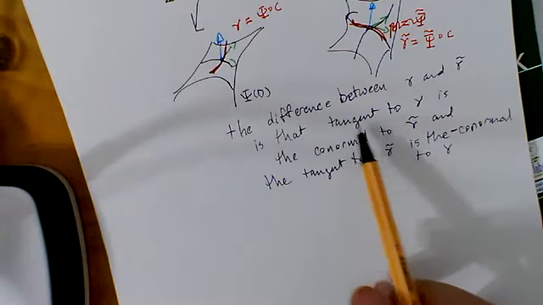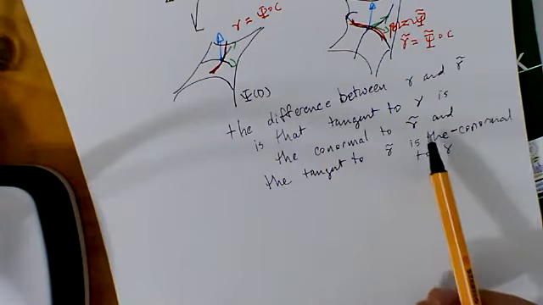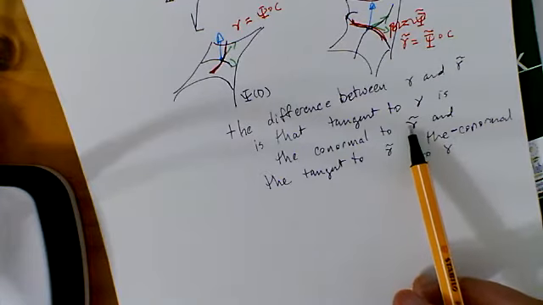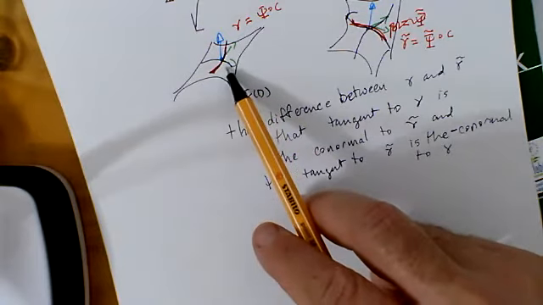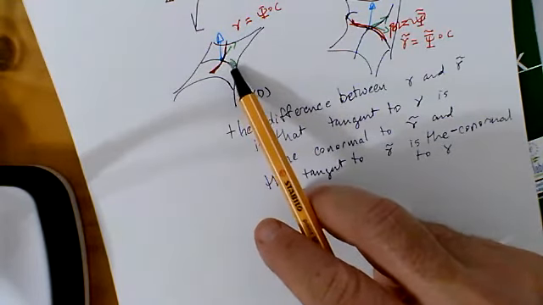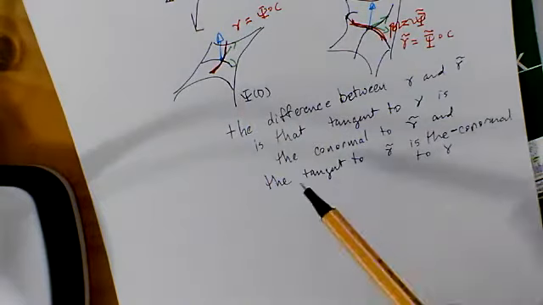And this swapping, this fact that I've essentially swapped the tangent to the curve and the conormal to the curve. So let's just remember that the conormal to the curve is tangent to the surface, but perpendicular to the curve.